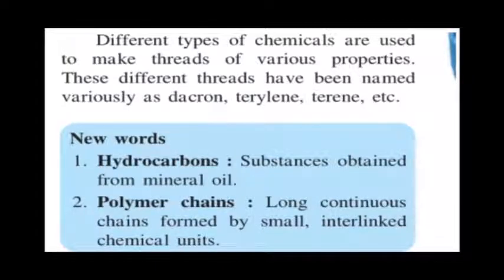Different types of chemicals are used to make threads of various properties. These different threads have been named variously as dacron, terylene, terene, etc. Keywords: hydrocarbons, substances obtained from mineral oil, polymer chains, long continuous chains formed by small interlinked chemical units.